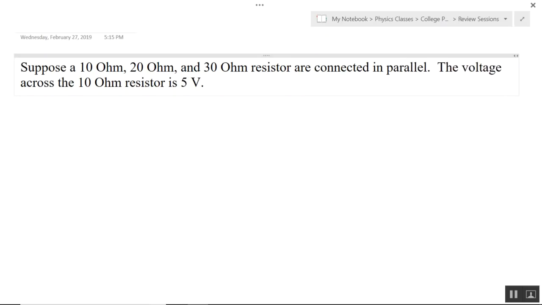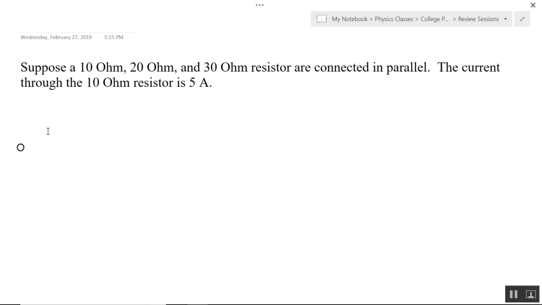Now, the current through the 10 ohm resistor is, let's make it 5 amps, so I don't have to change much. Similar type question.